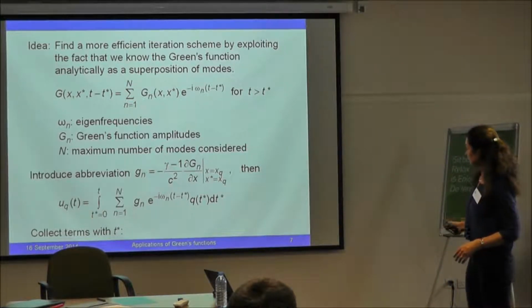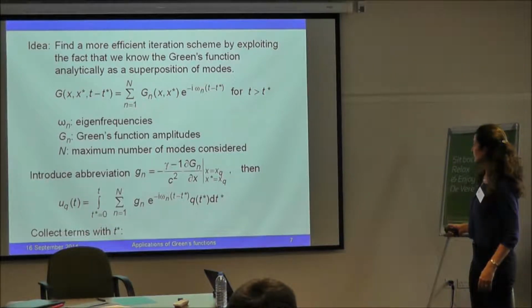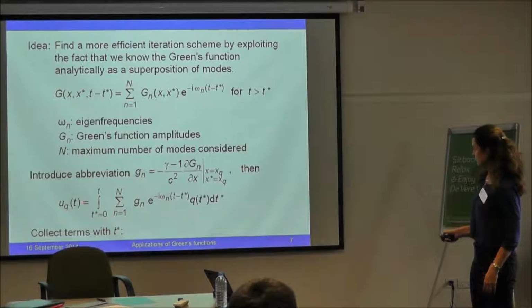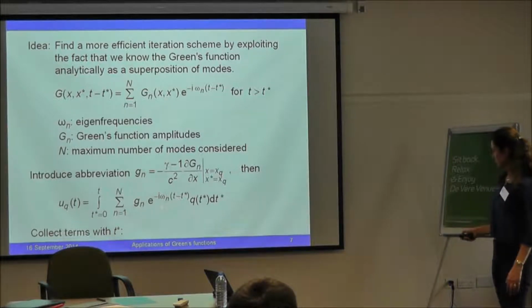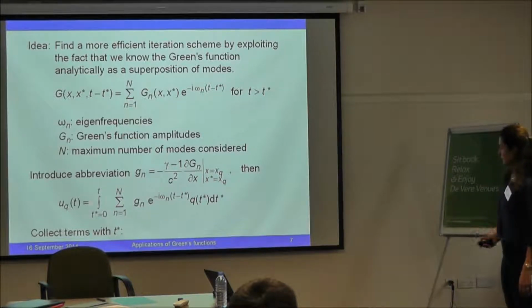Right, again I'm going to abbreviate this clumsy derivative to write the integral equation for u_q like this, and I've now used the sum for the Green's function, the superposition of modes. Of course, the sum and the integral can be exchanged, and then we have a mixture of terms with just t, the observer time, and then terms with the source time t star.